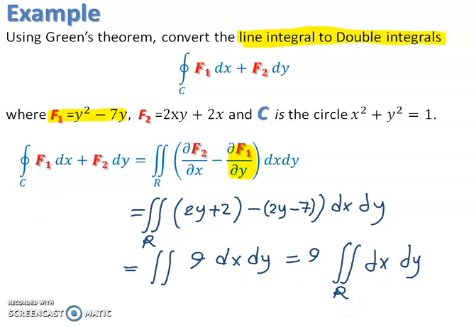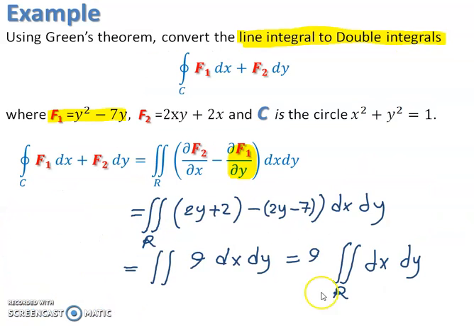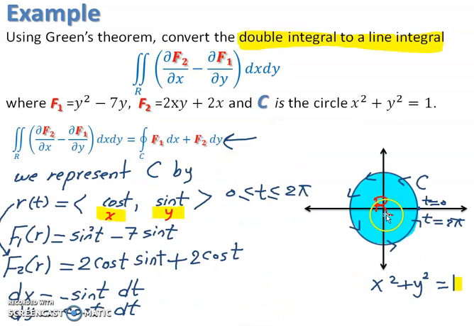And our region R, as we discussed, is a circle. That means this is the area of a circle, as we studied in the applications. So this one is 9 and this will be the area of a circle, and as we know, the area of a circle is equal to pi r squared, and don't forget the 9. r is the radius, and the radius of our circle is 1 because the equation is x squared plus y squared equals 1.